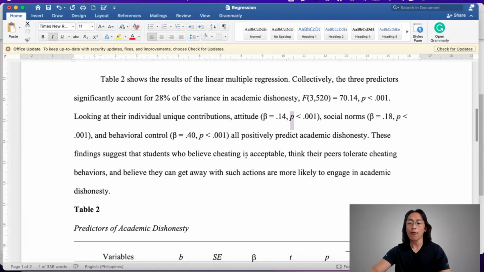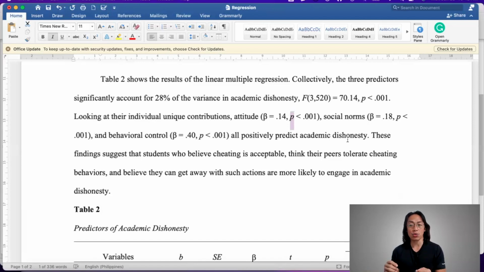Of course, I'm saying this because all of them are indeed positively predicting academic dishonesty. But hypothetically, if one or two of these are not significant predictors, then the report would be different. You shouldn't say that they are significantly predicting if they're not. For example, if attitude does not significantly predict academic dishonesty, and it's only social norms and behavioral control, then I would have said, social norms and behavioral control positively predict academic dishonesty.